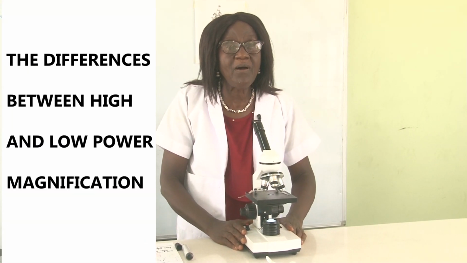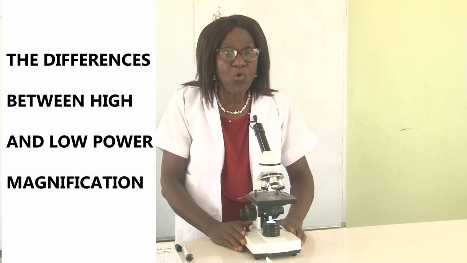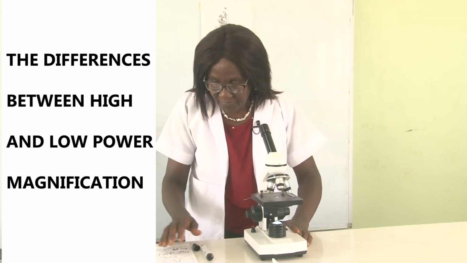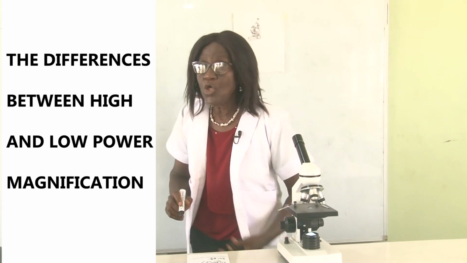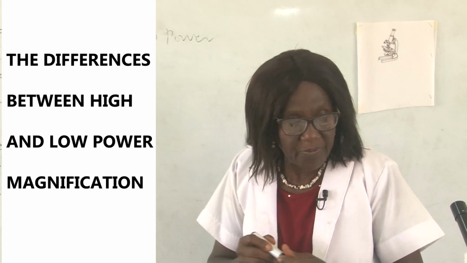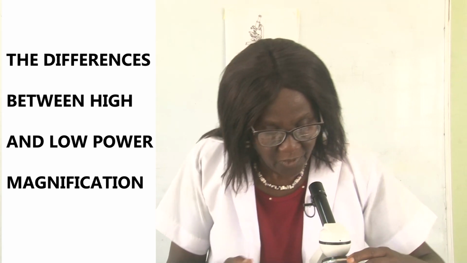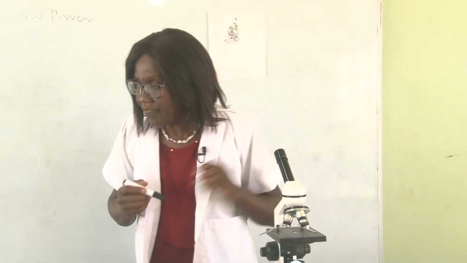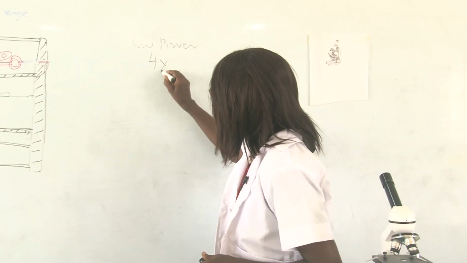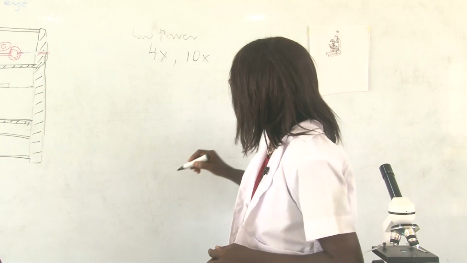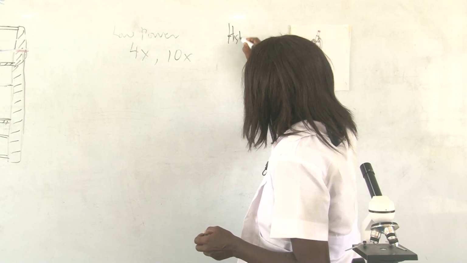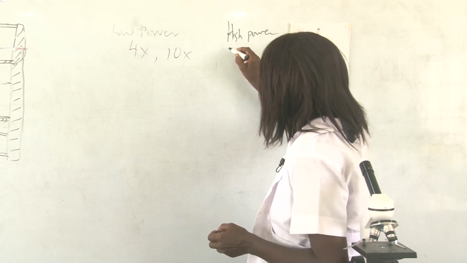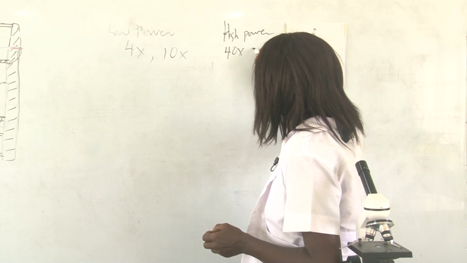Now let's look at the differences between high power magnification and low power magnification. When you are using low power magnification, the objective lens for low power is 4 times or 10 times. The objective lens for high power can be 40 times, 50 times.